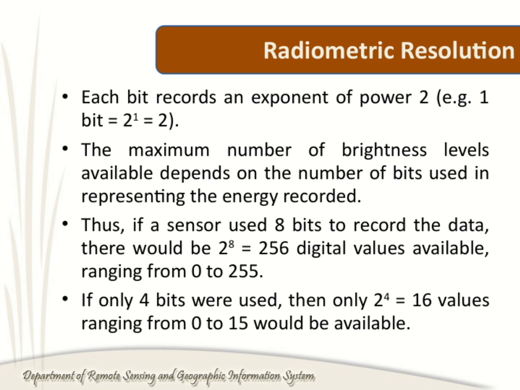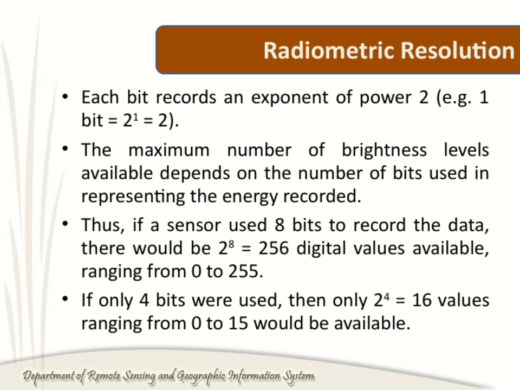For example, if we have an 8-bit sensor, then we can have 2 to the 8th power, which equals 256 different digital values. These values range from 0 to 255, giving us a pretty detailed scale for brightness. Now, if we only used 4 bits, then we'd have 2 to the 4th power, which equals 16 values, ranging from 0 to 15.